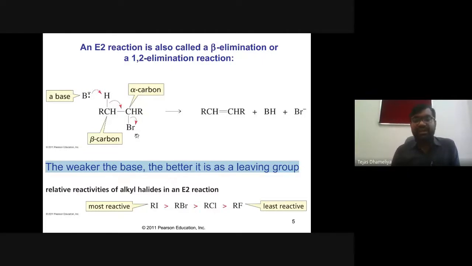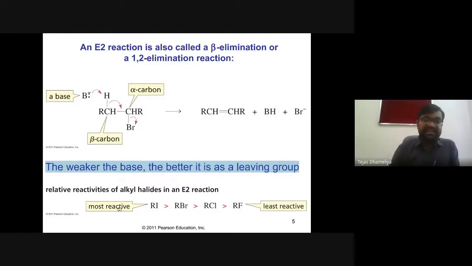If we have fluoride, F minus, which is a highly electronegative species because of its good electronegativity, that shall act as a poor leaving group. Okay, so that's why the weaker the base, the better its leaving group.